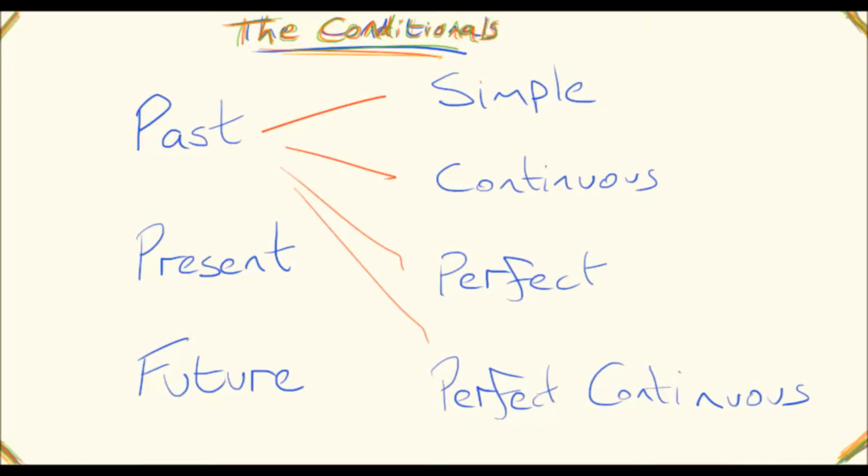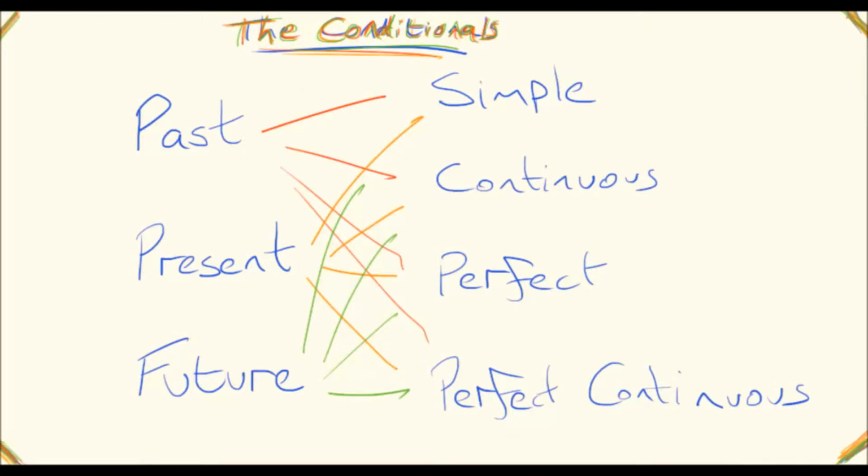We've got present simple, present continuous, present perfect, present perfect continuous, and we've got future simple, future continuous, future perfect, future perfect continuous. 12 tenses, nice and logically laid out, and there you are.